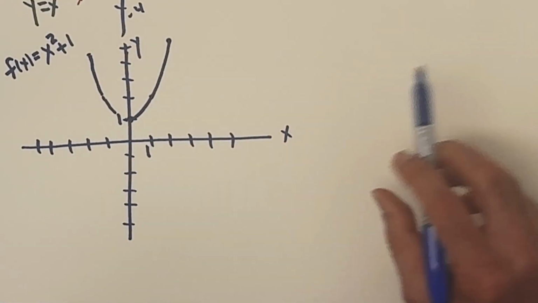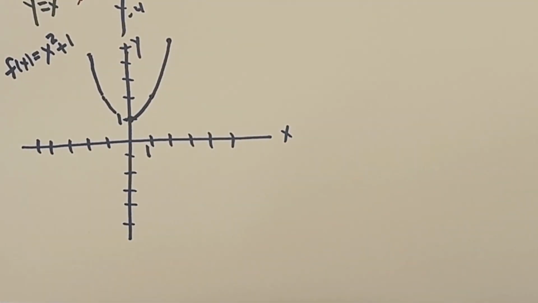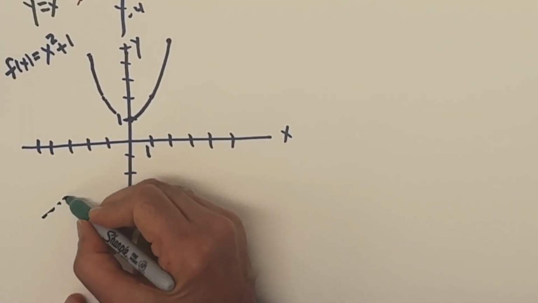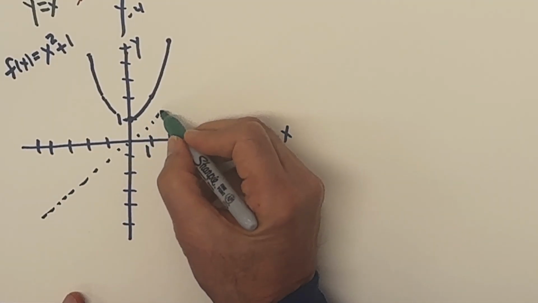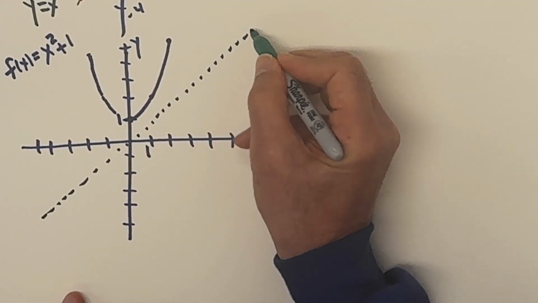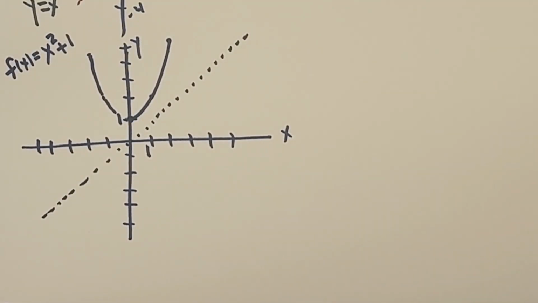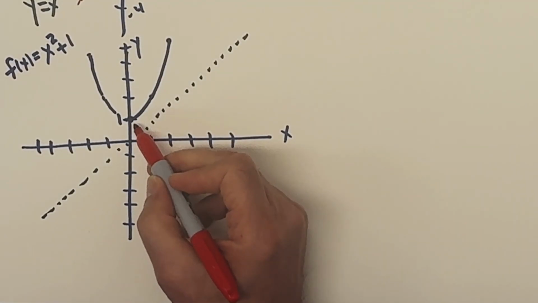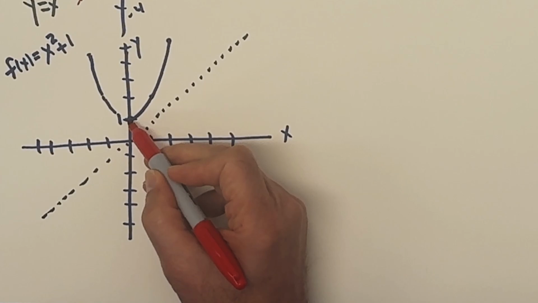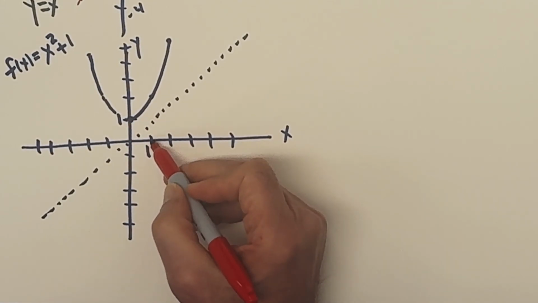So now if we look at the y equals x line for the reflection and try to figure out what the reflection is, if we go up 1 here, we'd be going up 1 this way.